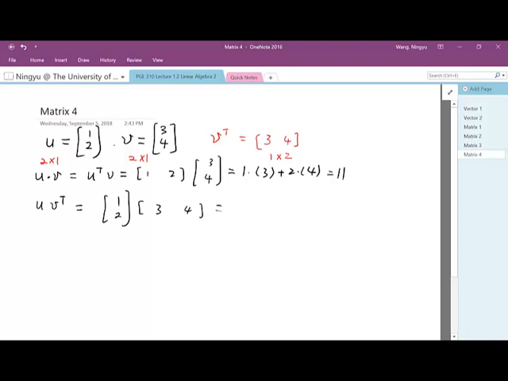The first row, first column is 3. First row, second column is 4. And then second row, first column, 2 times 3, 6. And the second row, second column, 2 times 4, it's 8.